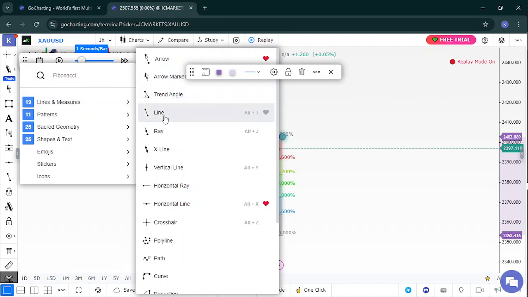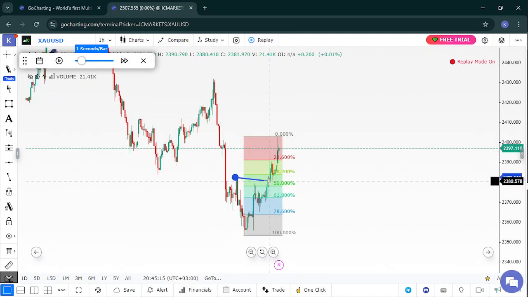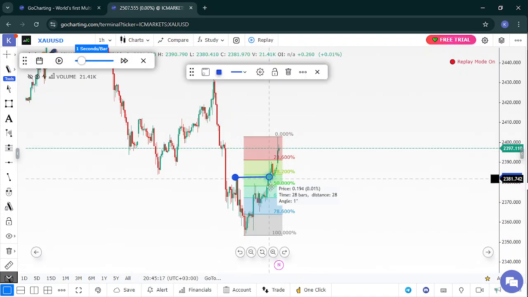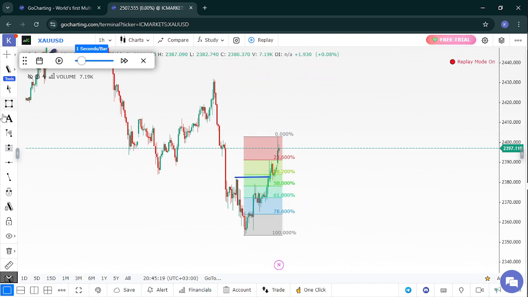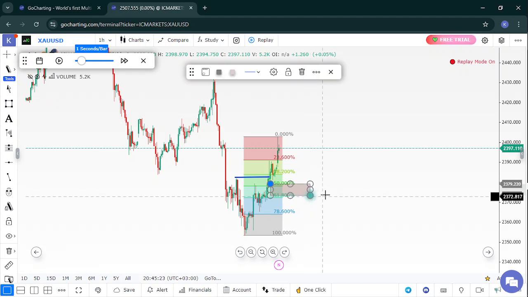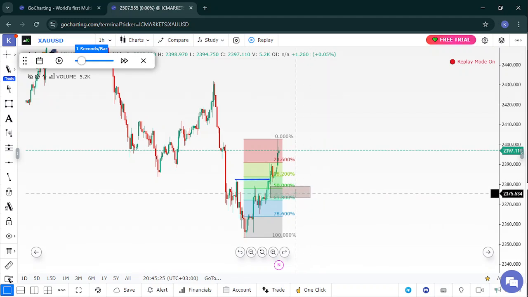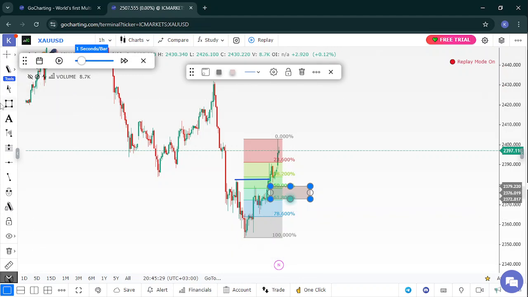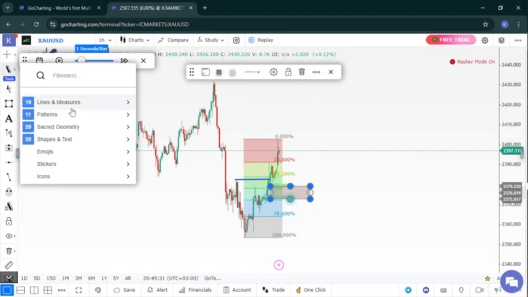Don't assume this point. So we wait for the price to come back to 50 and 60%. Then our stop loss should be where? I've just told you that.